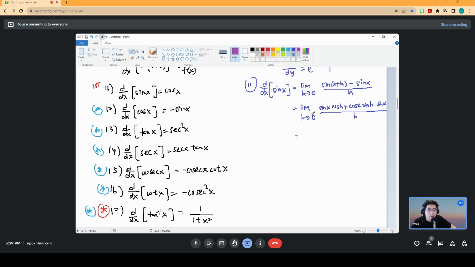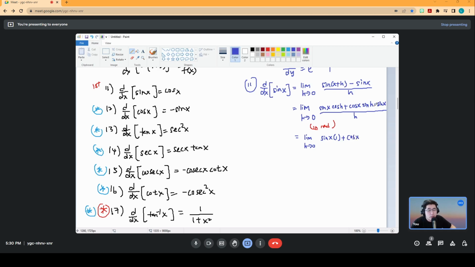What actually happened is, the angles that we're referring to here are all in radians. Then sine x is just sine x, but the cos h here, since h is a very small number, if you press your calculator in radian, you'll find that it becomes 1. And the cos x here is just cos x.